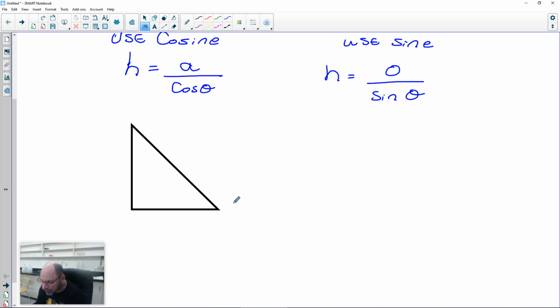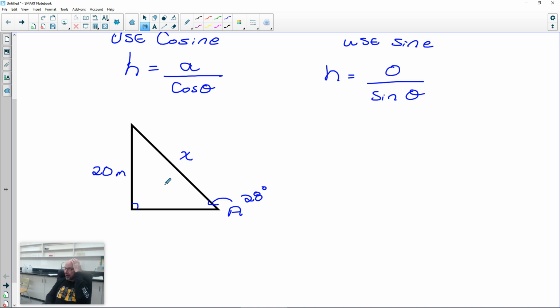So let's say I've got this angle here, we'll call it angle A, and let's say that is 28 degrees. And this side here is 20 meters, and we want to find this side X.